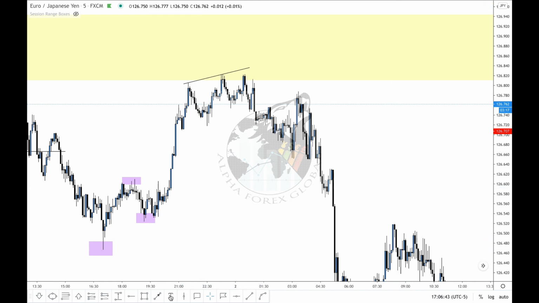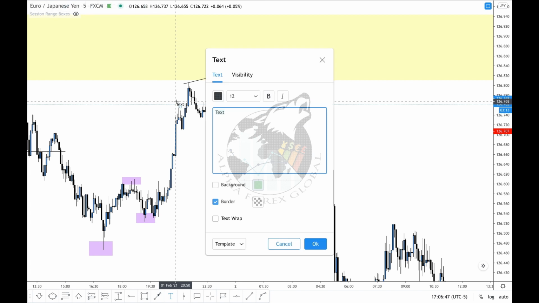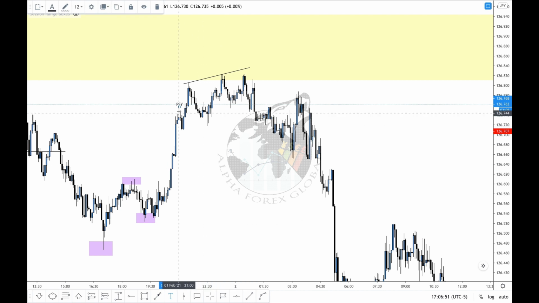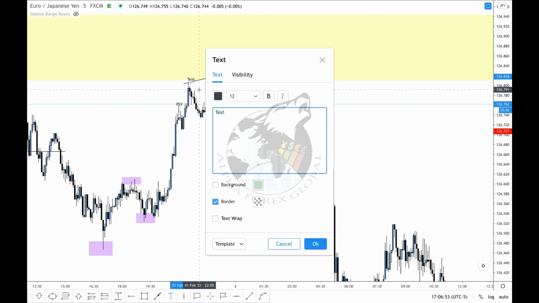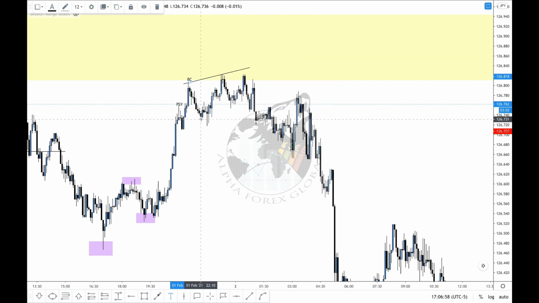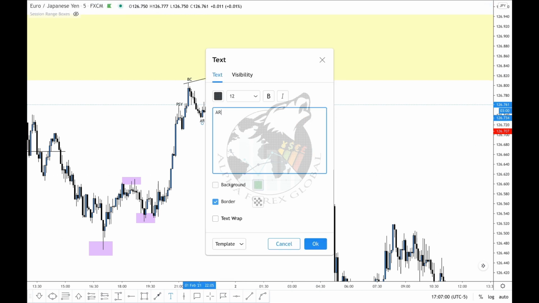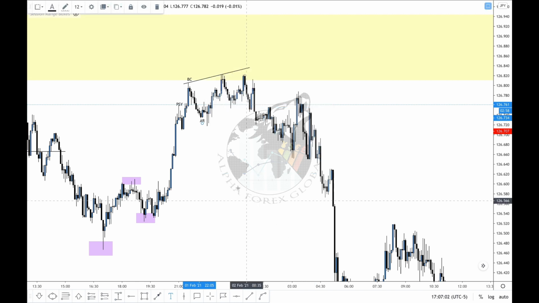But just for you guys' purpose, this would be your PSY right here. You have your buying climax here, you have your AR here, and basically the AR is what sets the range for the schematic, right?